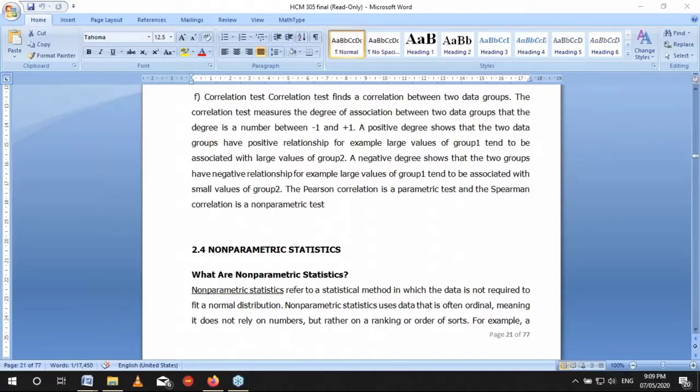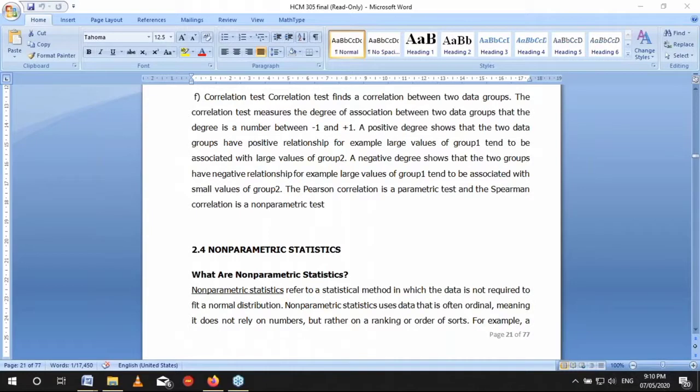Number 4, the publish or perish syndrome. Number 5, lack of record keeping, while number 6 is business sector factor.